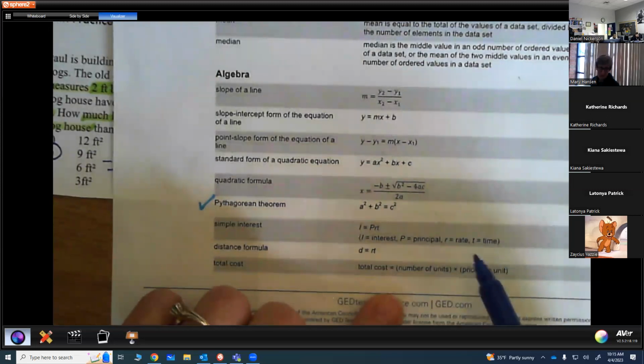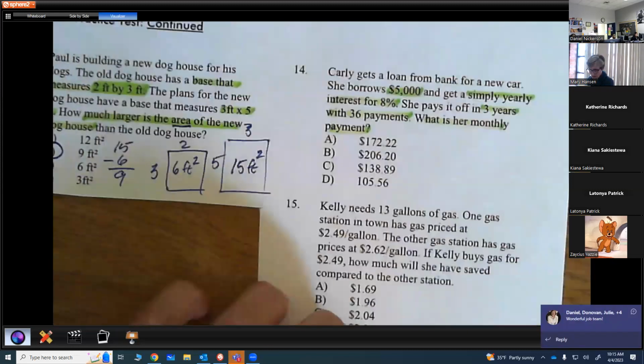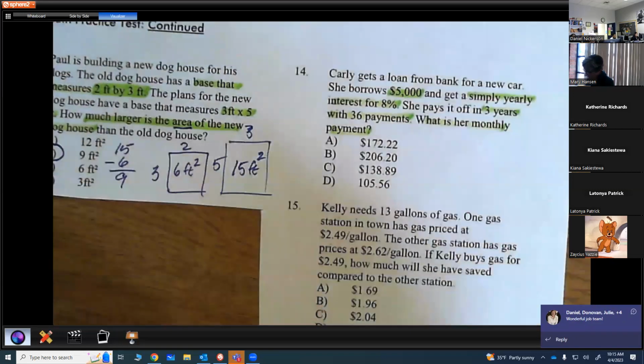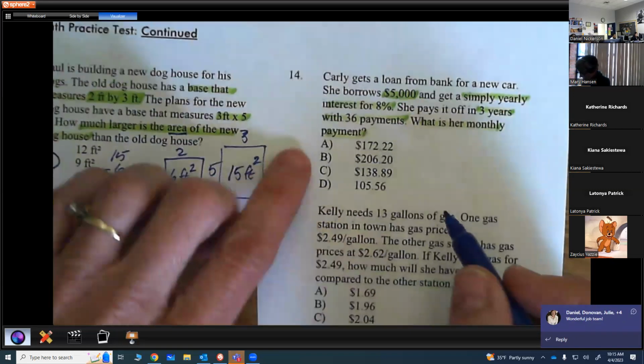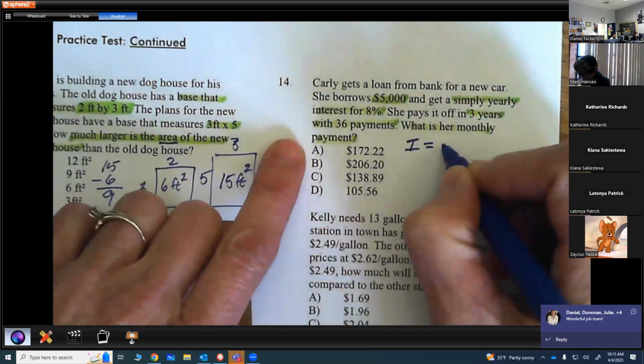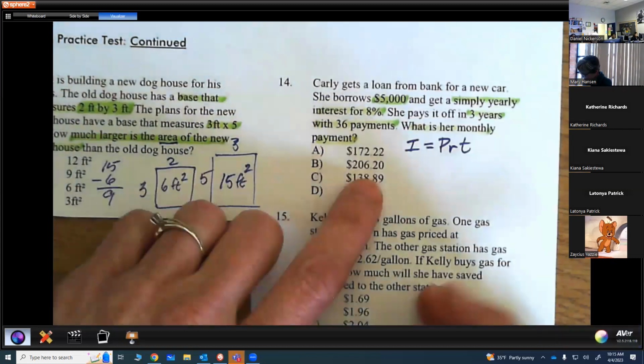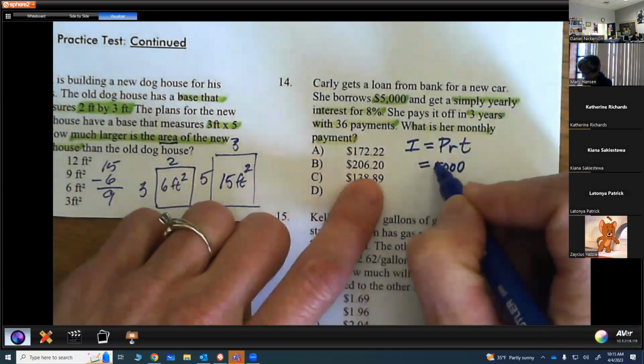And one of the tough things about this formula is they don't tell you what units the time is in. And so you have to know that the unit is years. So anything we substitute for T has to be in years. So first thing we want to do is figure out how much interest she's going to pay on that car loan. And I know the principal is $5,000.